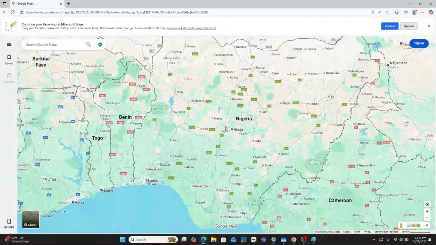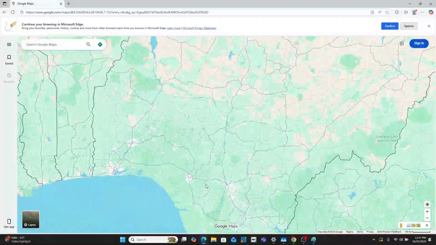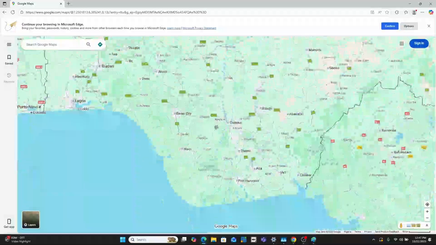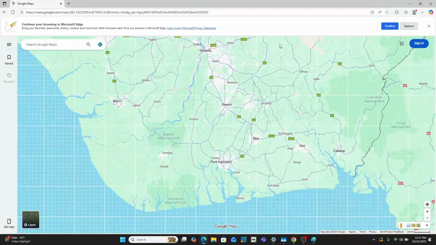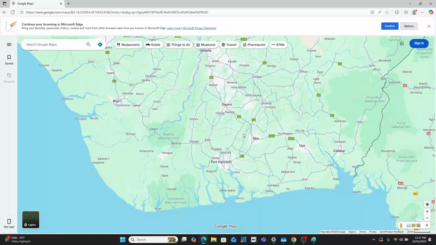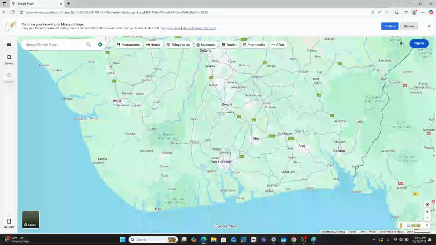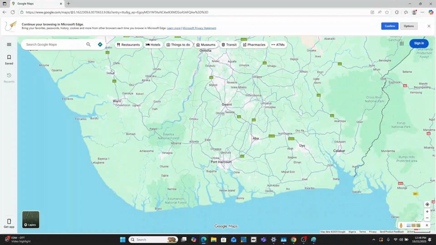We proceed. Now, inside each state, for example, there's a cable for us to connect Port Harcourt. We have a cable going through Delta State from Lagos through Warri to Bayelsa, and that cable drops in Port Harcourt.